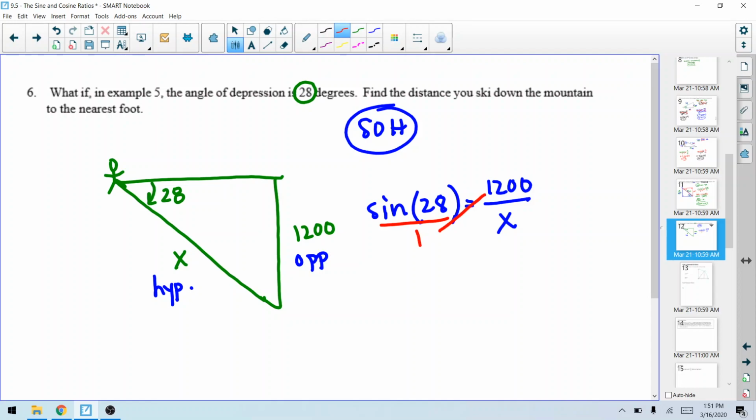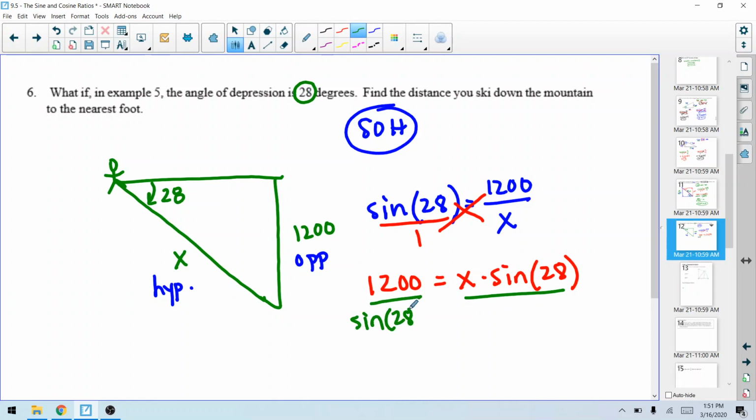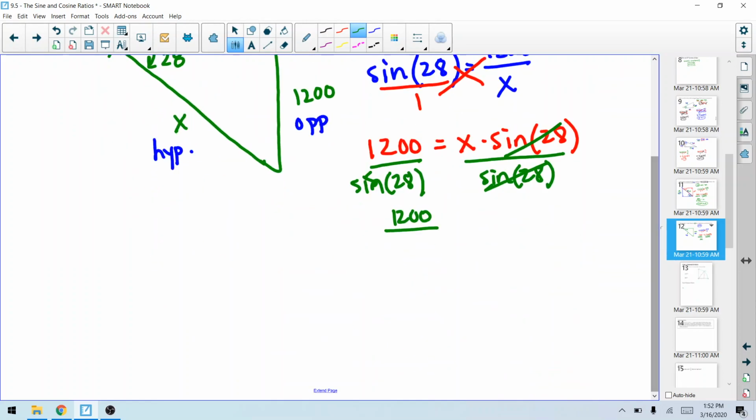Over 1, cross multiply, 1,200 equals x times the sine of 28, divide by the sine of 28. So 1,200 divided by the sine of 28, equals x, and then grab your calculators.